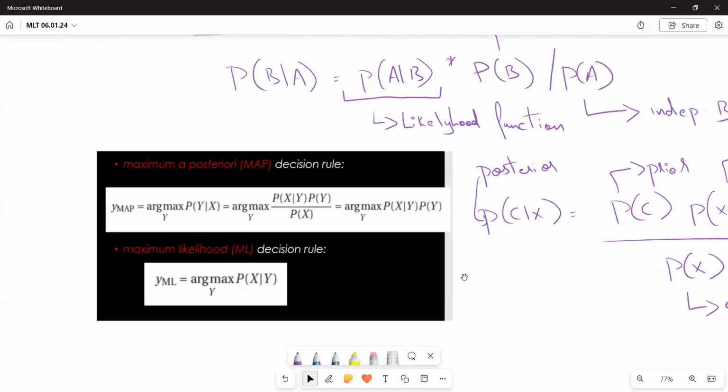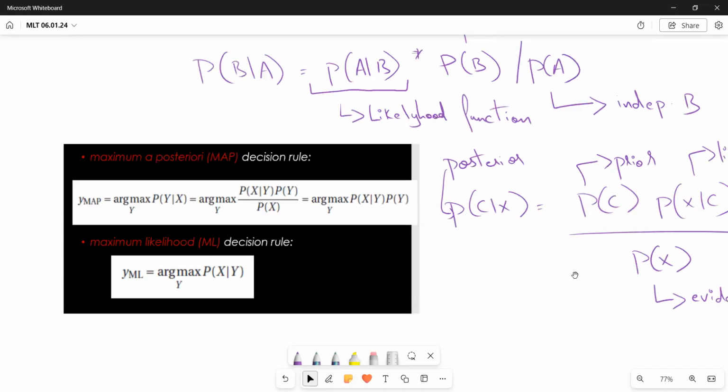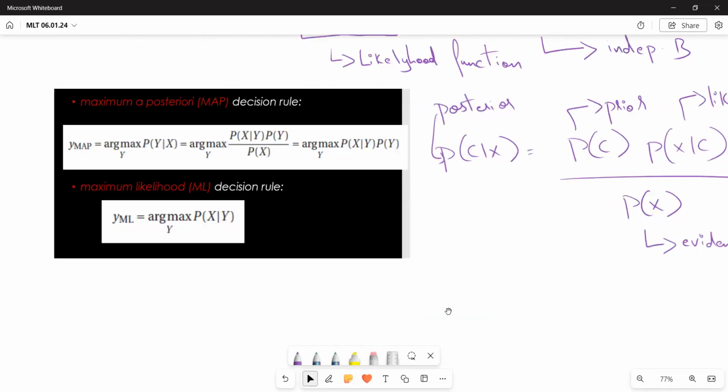Looking here in the same way, just like you looked into your Bayes rule and your posterior, you have something called maximum a posteriori, that is the MAP decision rule, and the maximum likelihood, the ML decision rule. And these are the equations. I don't think you would have learned about them in high school, but you can have a look into them, knowing that this is how probabilistic models are used to predict.